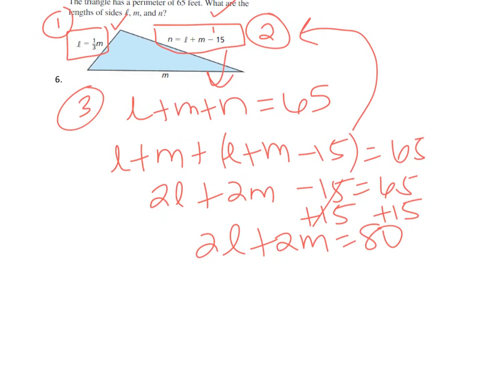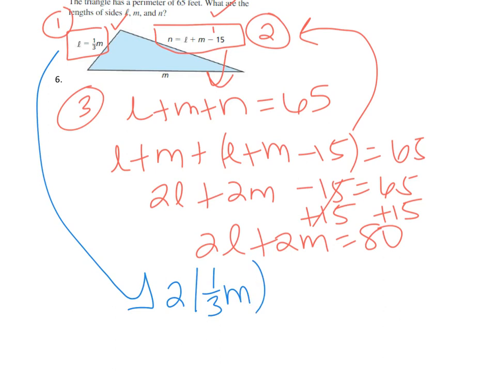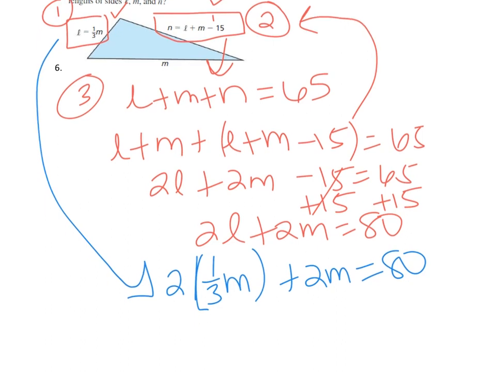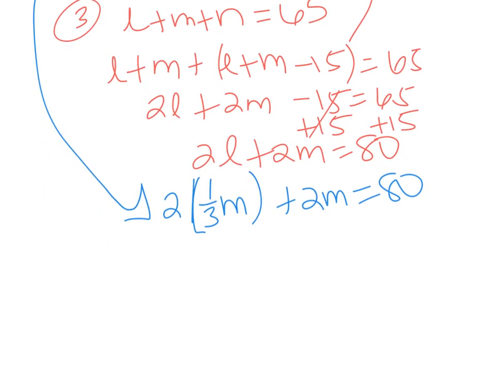So we already have a two variable system because remember we have this L equals 1/3 M up here. Okay, and so I can plug that in for that L here. So 2 times 1/3 M plus 2M equals 80. All right. Well, 2 times 1/3 is 2/3, so I have 2/3 M plus 2M equals 80. I'm going to eventually get my first variable solved here.